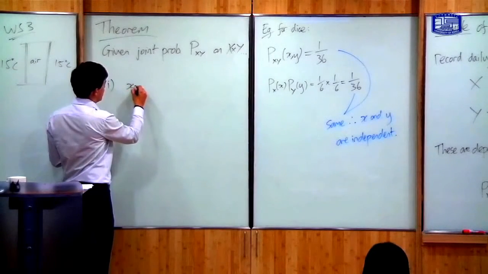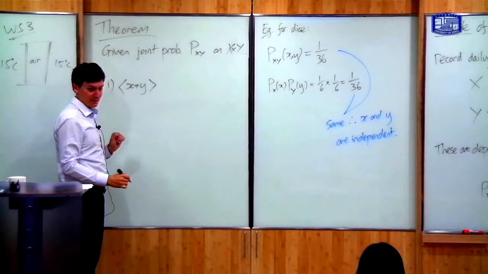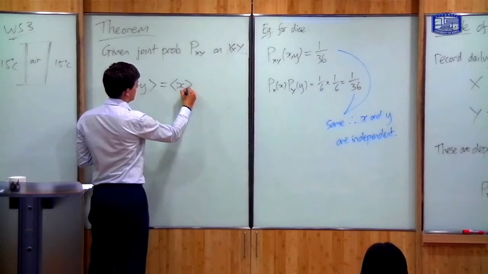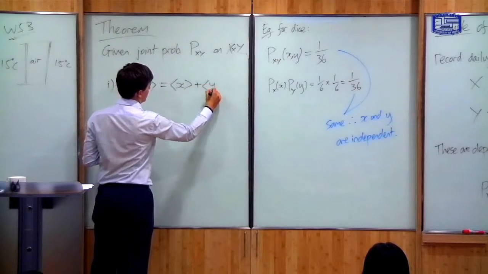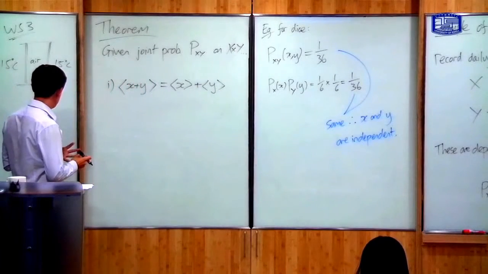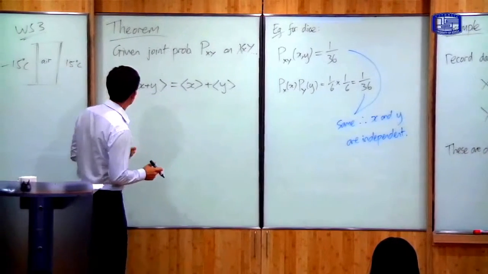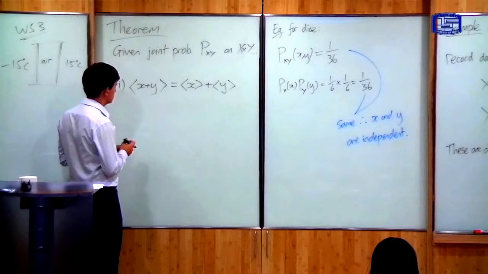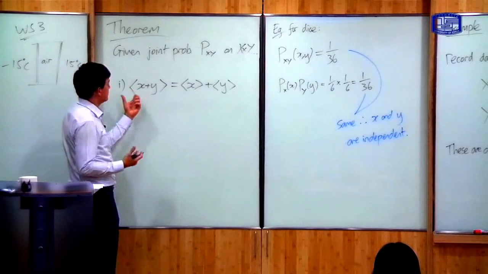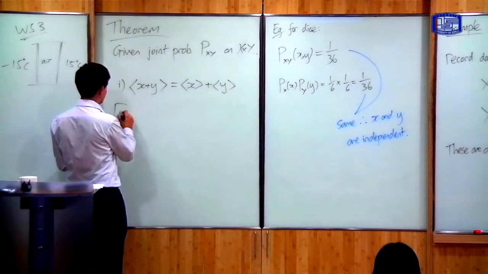If I add them together and take the mean, then this is equal to the mean of the first one plus the mean of the second one. So if I have a joint probability and I take the total, then that's equal to the sum of the means.